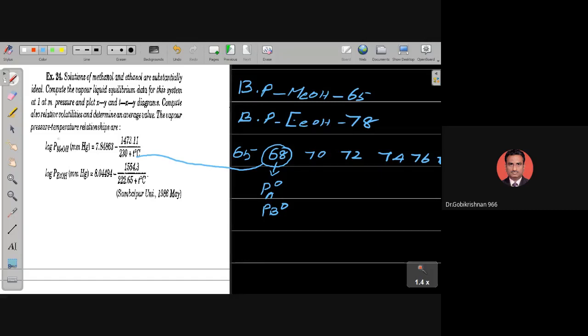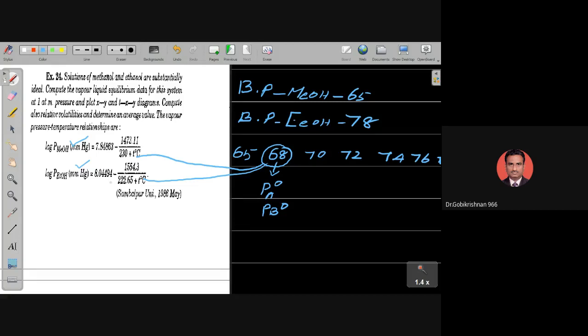Similarly, the same 68 you have to substitute here and find the vapor pressure of ethyl alcohol. Therefore, PA0 is the vapor pressure of methyl alcohol at a temperature of 68, and PB0 is the vapor pressure of ethyl alcohol at that temperature. First, we have to find these two.